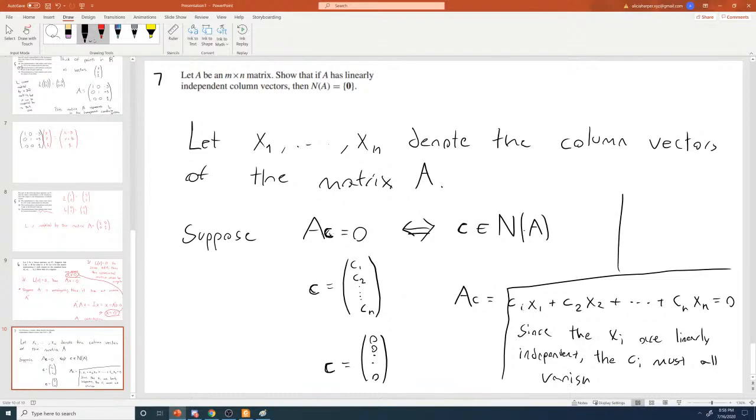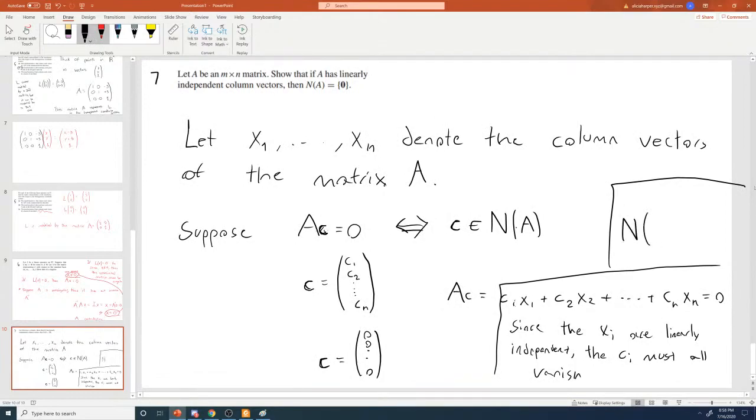And thus, the null space of A only has one vector, namely the 0 vector. And that completes the proof of problem 7.